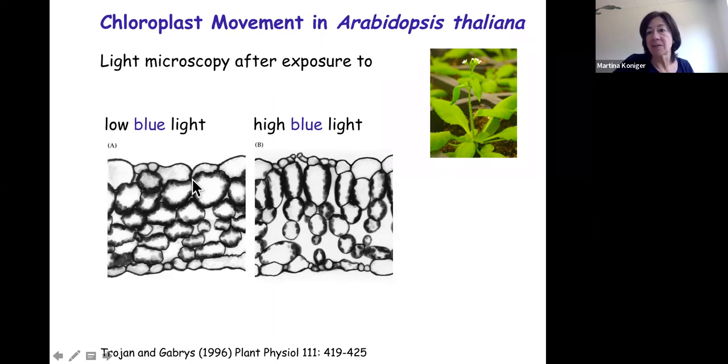The dark things, those are the chloroplasts, right? So if I'm shining low light on it, blue light, I can see the chloroplasts spreading out, accumulating. There's some at the bottom, but many of them will be at the top of the cell. So the light is shining here, right? And they're trying to be in each cell as close to the light as they can.